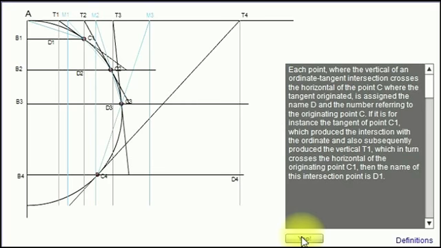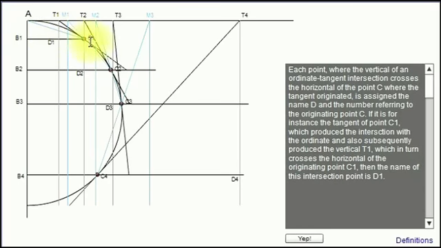The first couple of points we define are basically the intersection points of the verticals, which derive from the tangent intersection points with the conjugate axis, and the ordinates, and we name them D successively.